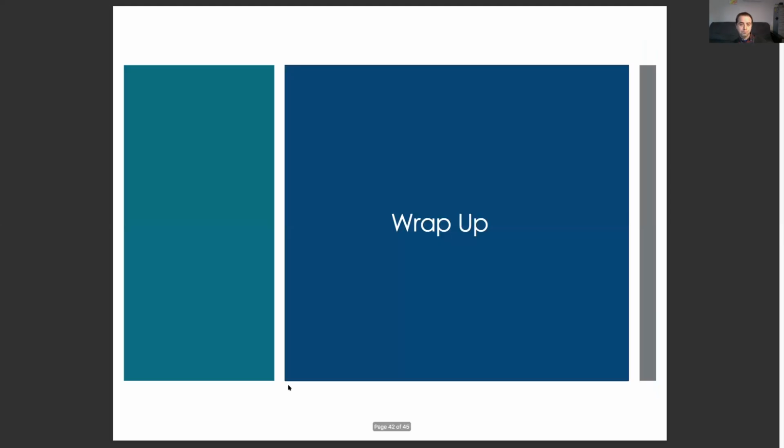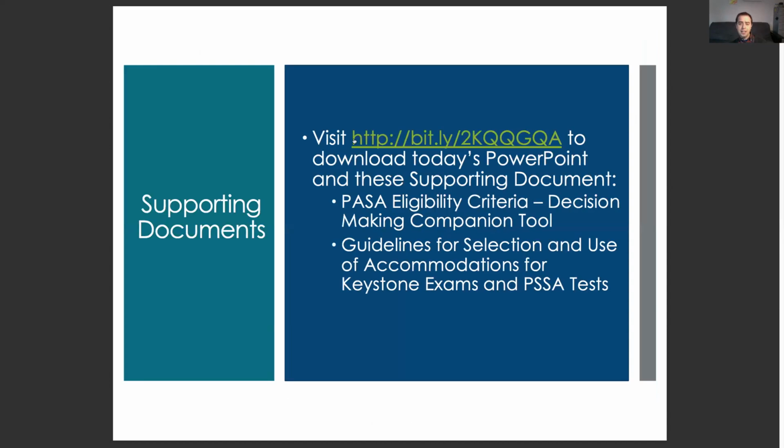So when we wrap things up here, we want to make sure that you visit this link if you would like to download a copy of today's PowerPoint. We're also going to talk about 2 documents here: the PASA Eligibility Criteria Decision-Making Companion Tool, and guidelines for selection and use of accommodations for the Keystone exams and the PSSA tests.